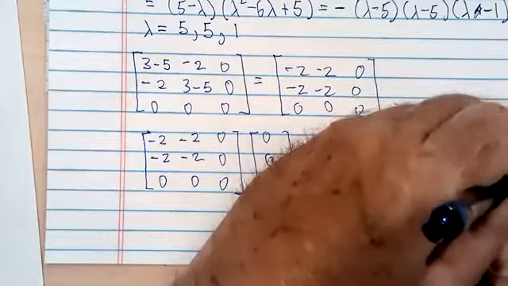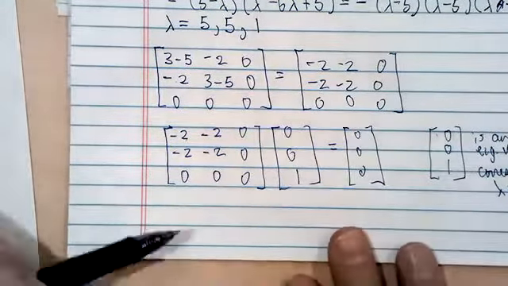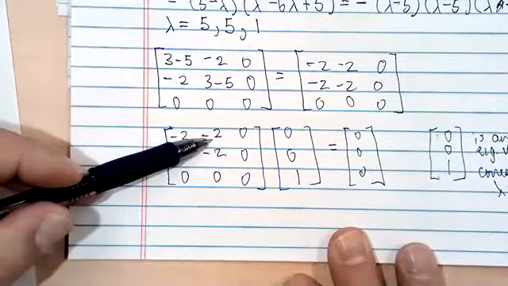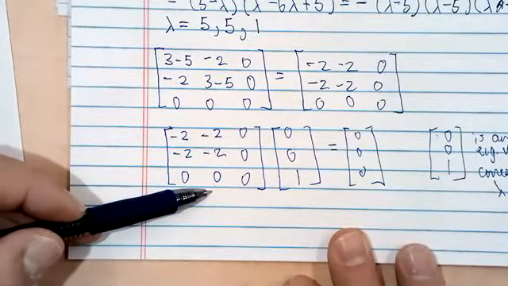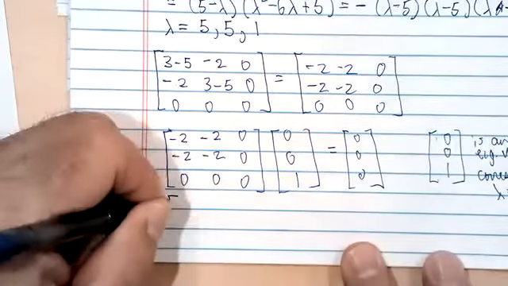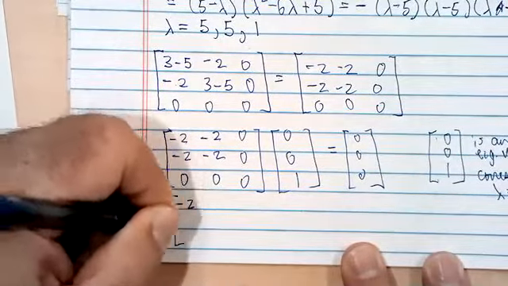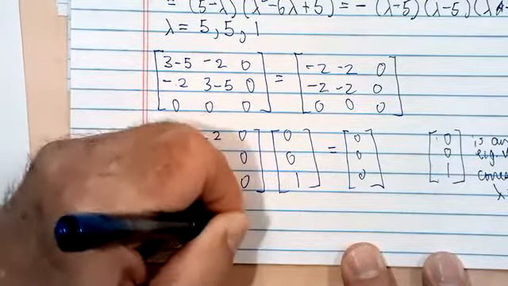To lambda equals 5. Now, is there another one? Well, yes. Notice these two columns are the same. So if I took, say, the first column minus the second column and ignored the third column, I would also get the 0 vector. So minus 2, 0, minus 2, 0, 0, 0, 0.